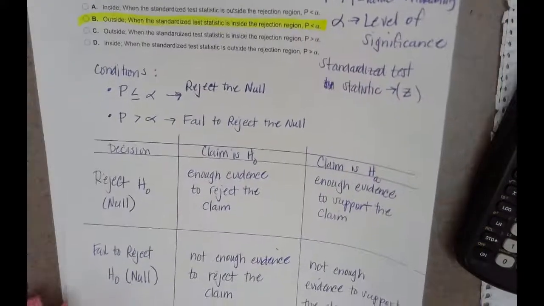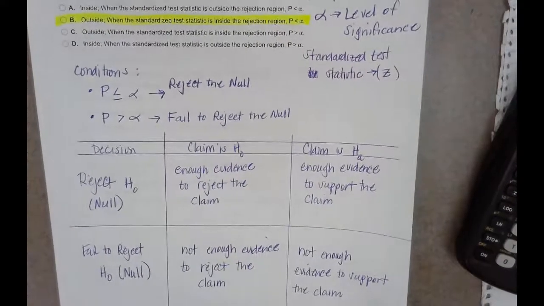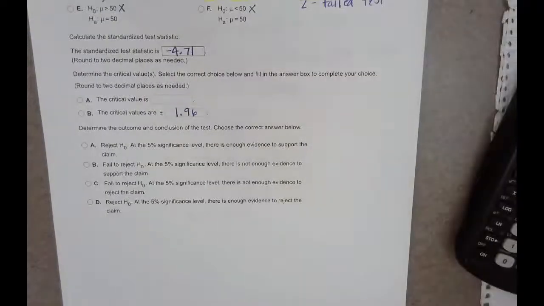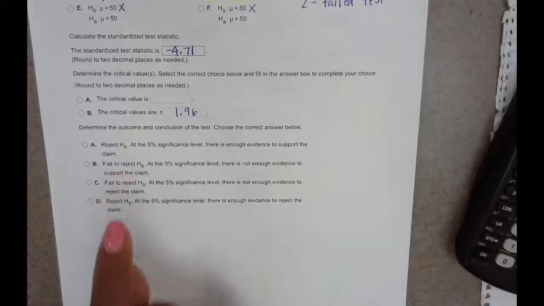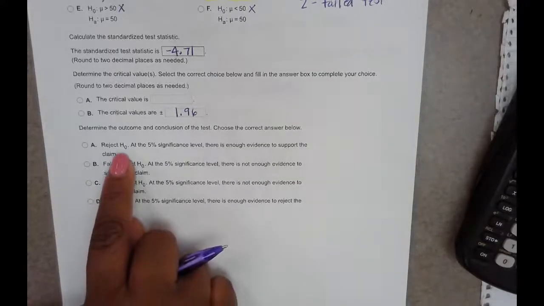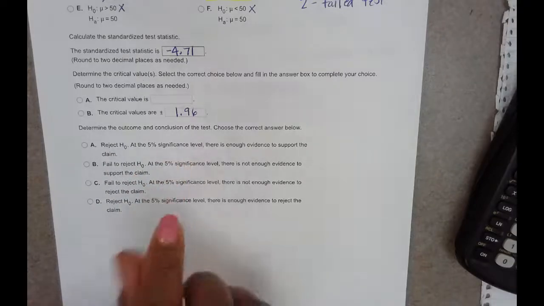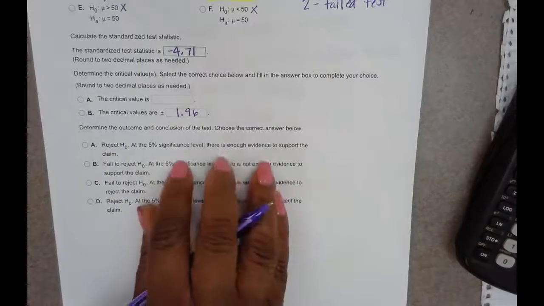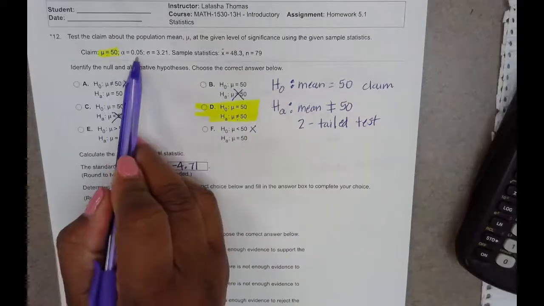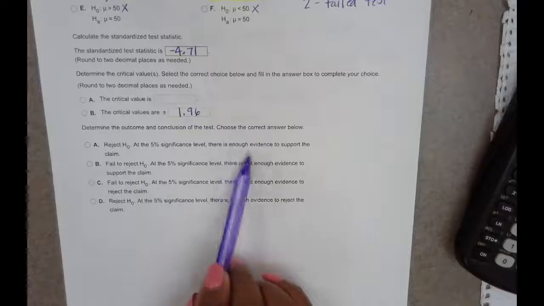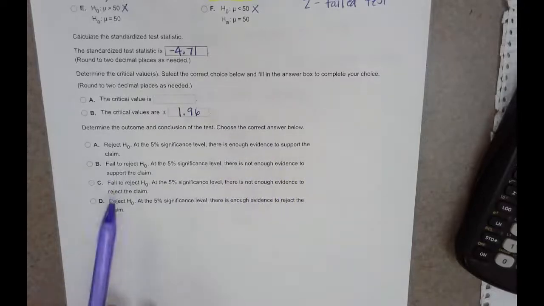So look at here, and we compare that to our p-values. We compare that. So we're going to reject the null at the level of 5% significance. They got that from here. 5%. There is enough evidence to support the claim.